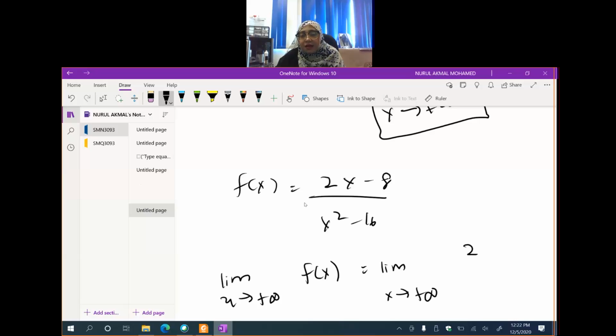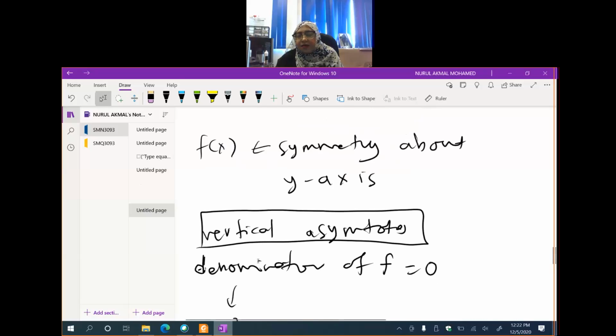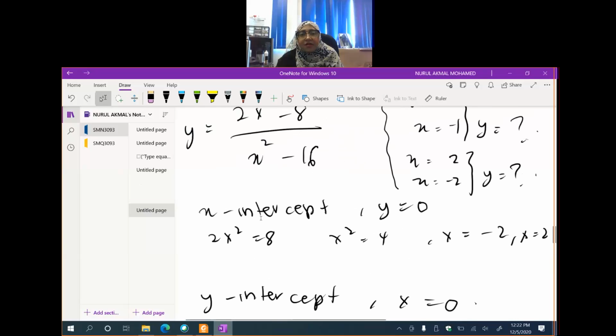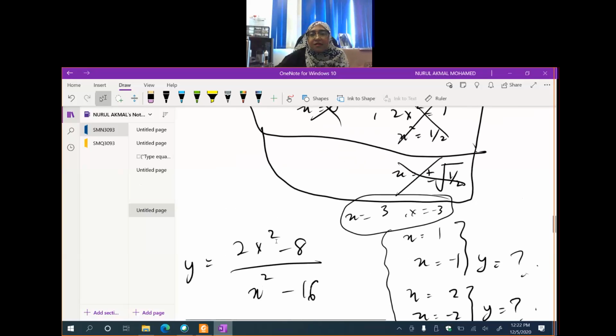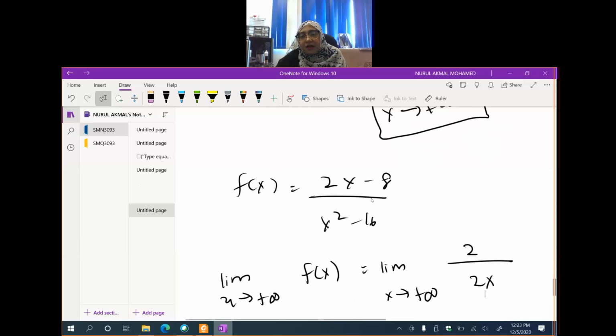You differentiate the numerator, it gives you 2. You differentiate the denominator, x squared, it will give you 2x. Then you differentiate again, you will get 4x.